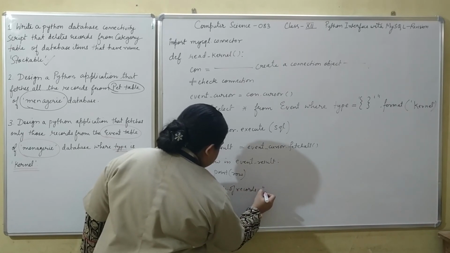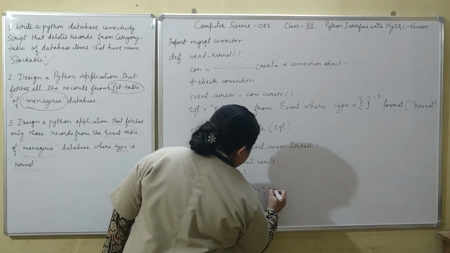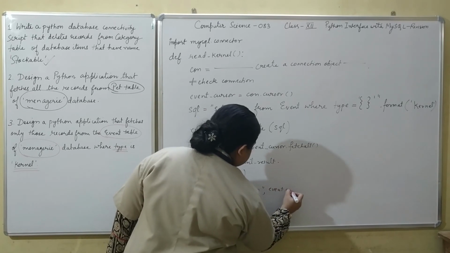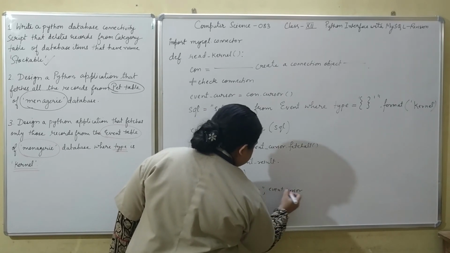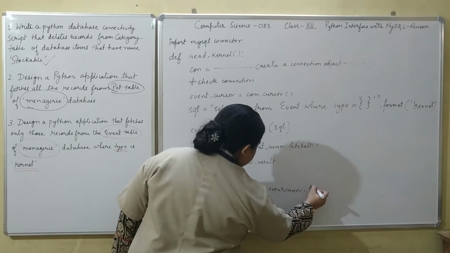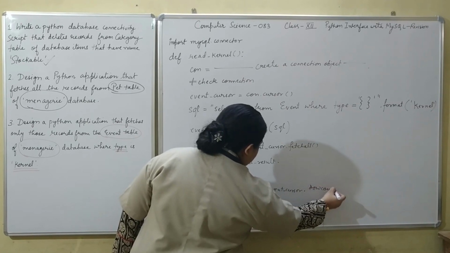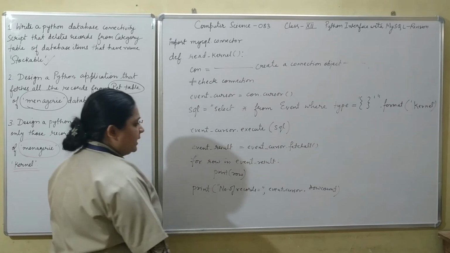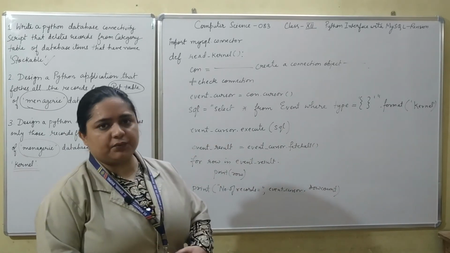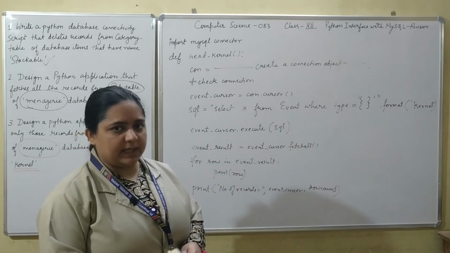Number of records equals, I can write event cursor dot row count. So this row count property will return the number of records fetched from the database file.